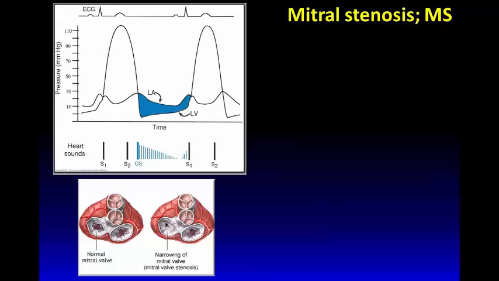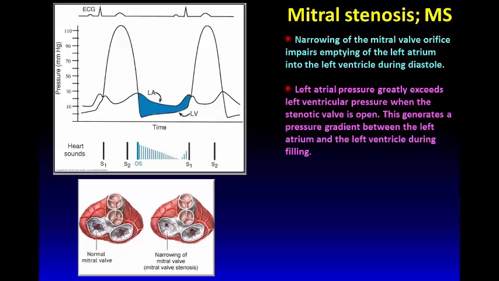We shall now be describing the murmur of mitral stenosis. When there is narrowing of the mitral valve orifice, this is a normal mitral valve and this is a narrowed mitral valve orifice. The narrowed mitral valve orifice results in impairment of the emptying of the left atrium into the left ventricle during ventricular diastole.